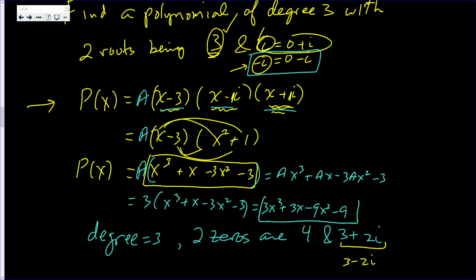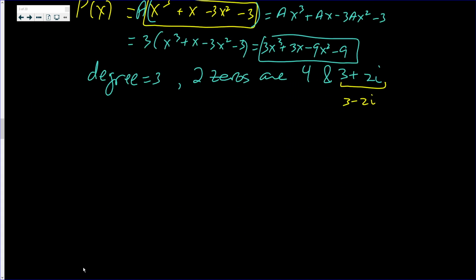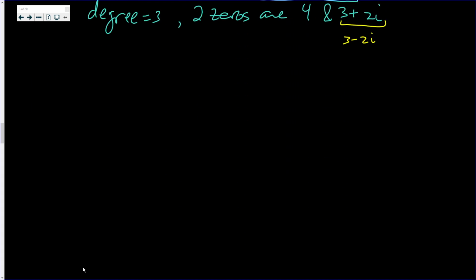This polynomial has 3, i, and negative i as its roots. If you don't believe that, plug in i. See if it works. Maybe I'm making this stuff up. Okay. So here, we're going to have a polynomial, any constant you want.